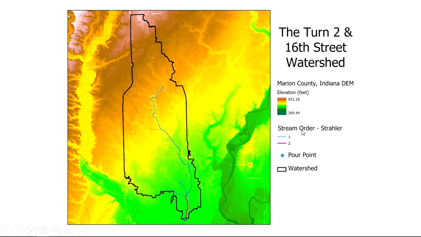I identified the stream order, the pink being order 2 and the blues being order 1. I identified a pour point that was snapped to the flow grid, which was once again the stream grid. And of course I also delineated the watershed, essentially the divide that separates this watershed from the next one and so forth. And so the lowest point anywhere along this boundary would be our pour point.